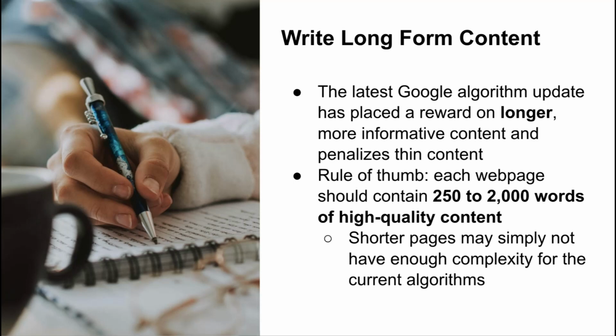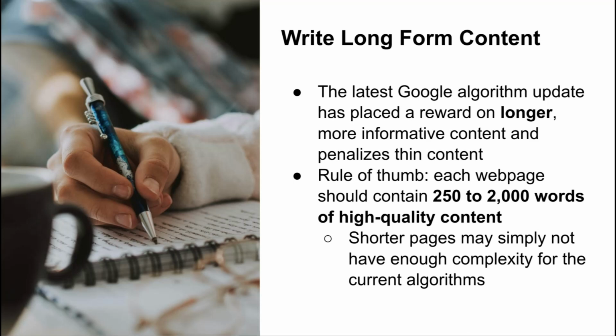From there, you want to consider how long you want your content to be for your writing. So, based on the latest Google algorithm, the reward for writing is placed on longer pieces of information that are informative, that are adding value, and are relevant to what the user is looking for. The algorithm also penalizes thin content. So, this is any content less than 250 words.